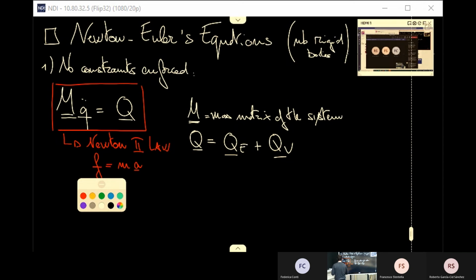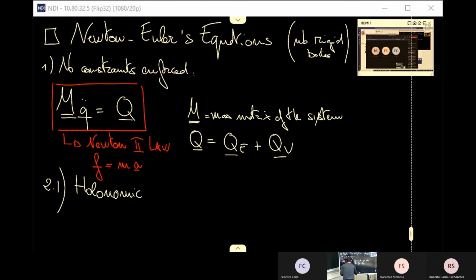So, this being said, now what we have to do is to consider the case of constraints being enforced, and in particular, we will enforce, as we did last time, holonomic constraints. Okay, only holonomic ones.